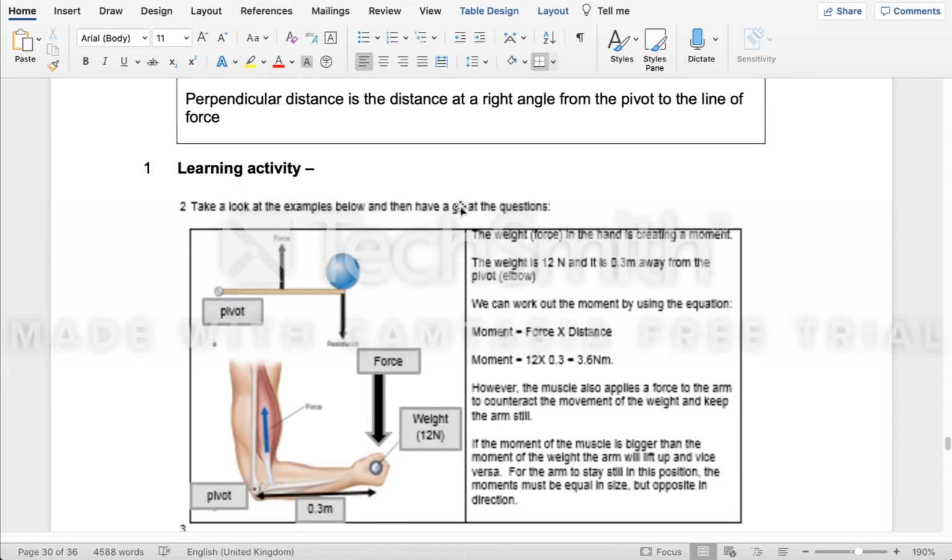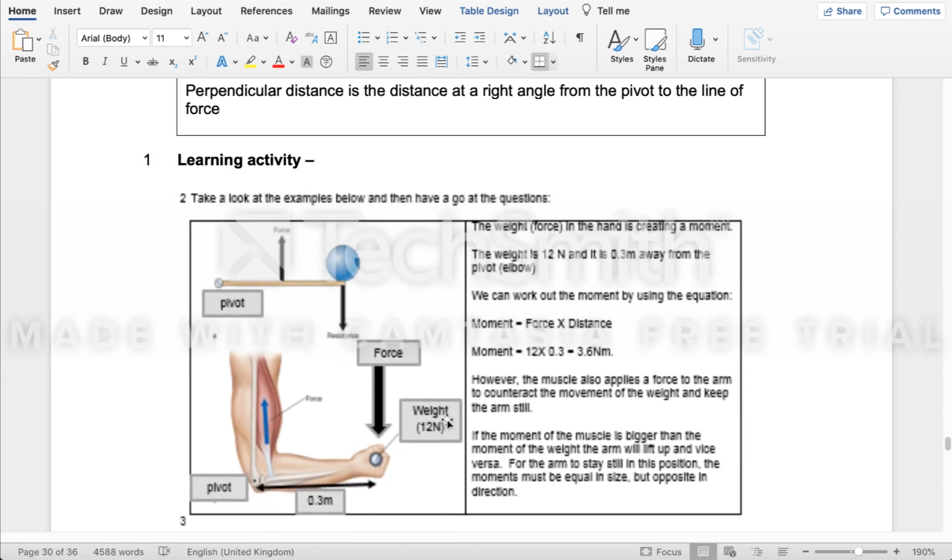So for this 12 N, even if you didn't know, you should think, well, N stands for newtons, and newtons is force. So the force is 12, and the distance is the other number, 0.3 meters. 12 times 0.3 comes out to 3.6. 3.6 what? 3.6 Newton meters.